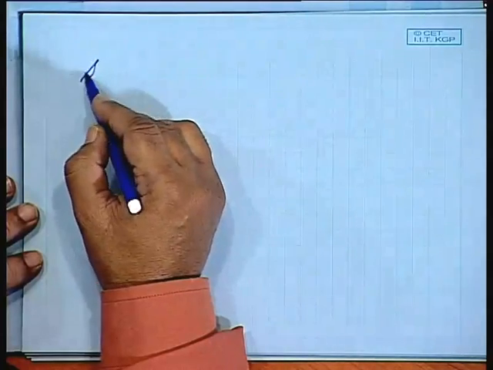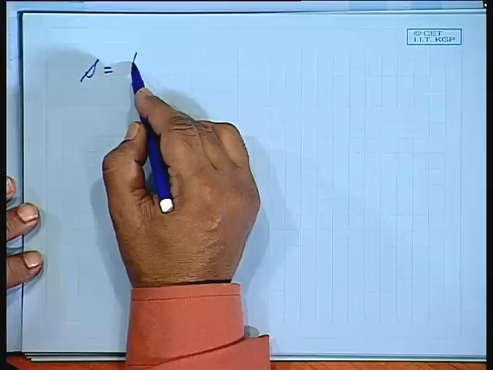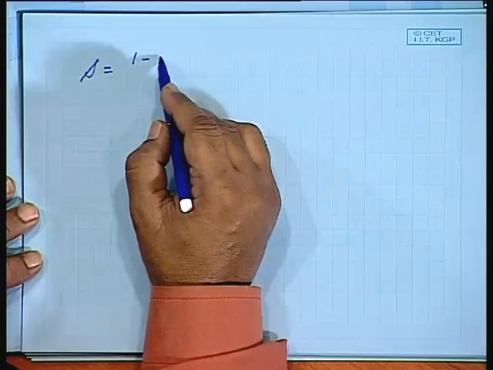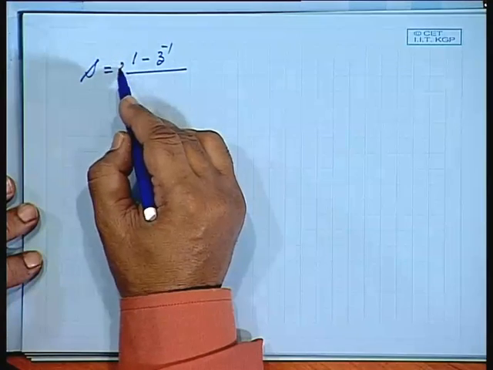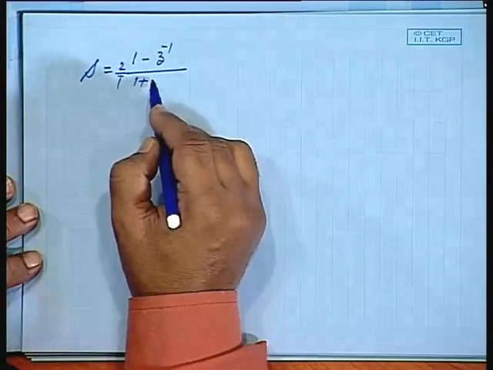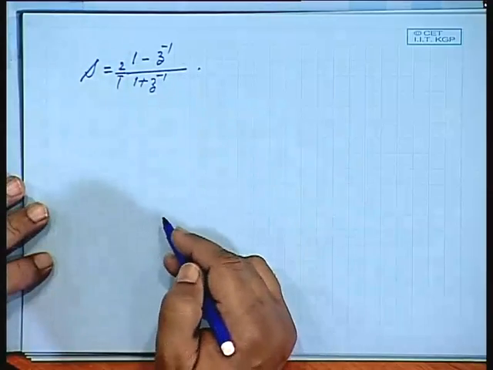So, we have gone for a substitution like this: s is equal to (2 by T) times (1 minus z inverse) by (1 plus z inverse).